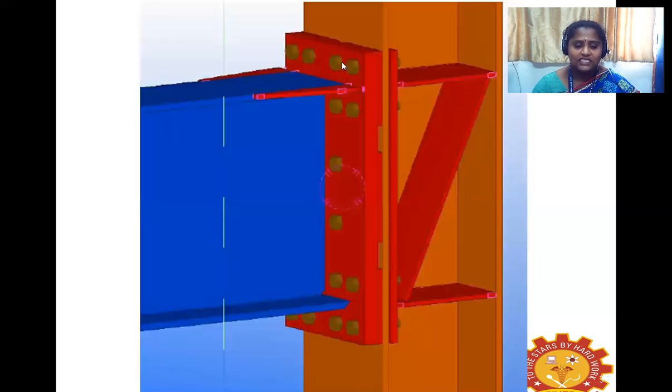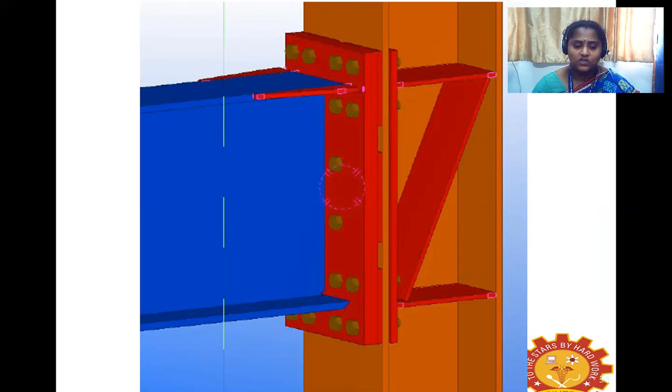And this is the second type of connection, rigid connections or moment connections. Here also you can see a column being connected with the beam with the help of plates, bolts and weld, all three together forming a rigid connection.